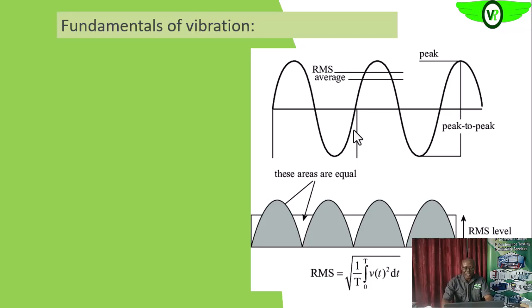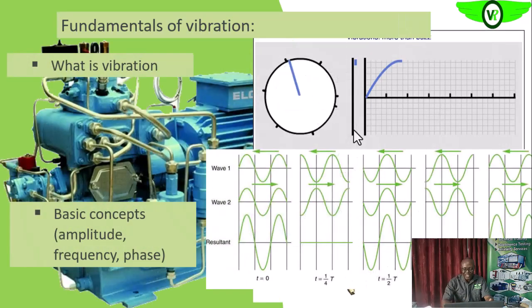Then still on the fundamentals, things that we need to know, because these are what will determine the measurement units. So we've talked about the amplitude of vibration, which is the maximum height. At times we look at the average of this amplitude, because like we said earlier, the vibration may not be as smooth as we saw earlier.